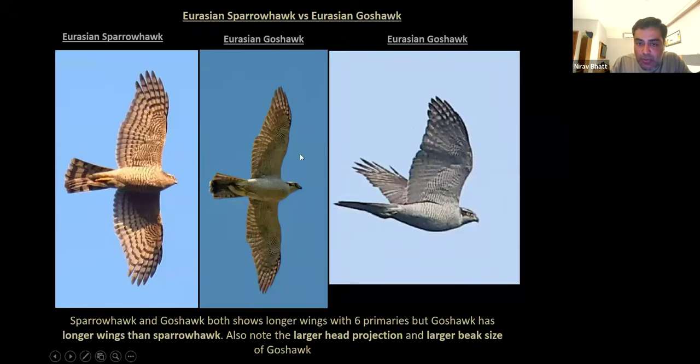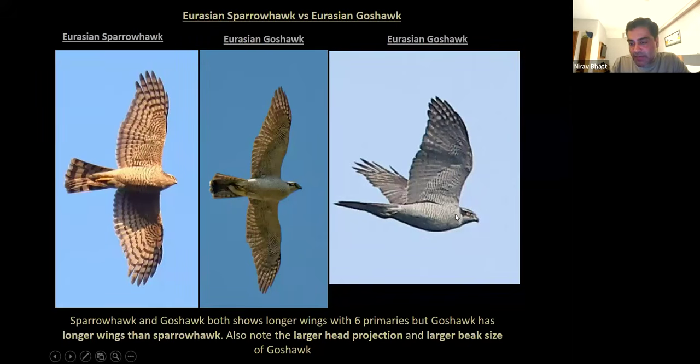This is the most important pointer to identify a goshawk in comparison to a Eurasian sparrowhawk in flight. Sometimes in bad situations, bad photographs, the markings may look very similar. Some large sparrowhawks are very similar to Eurasian goshawk. They can be very easily confused, but this is the separating point.